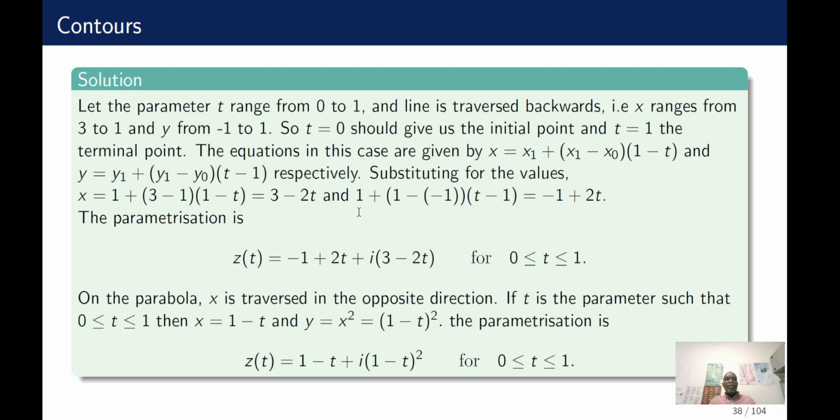And for y, you get this equation, which we've substituted here: y equals 1 plus 1 minus t, which is -1 plus 2t. So the parameterization of that curve is: the real part is 3 minus 2t, plus the imaginary part is -1 plus 2t, and your parameter is between 0 and 1.